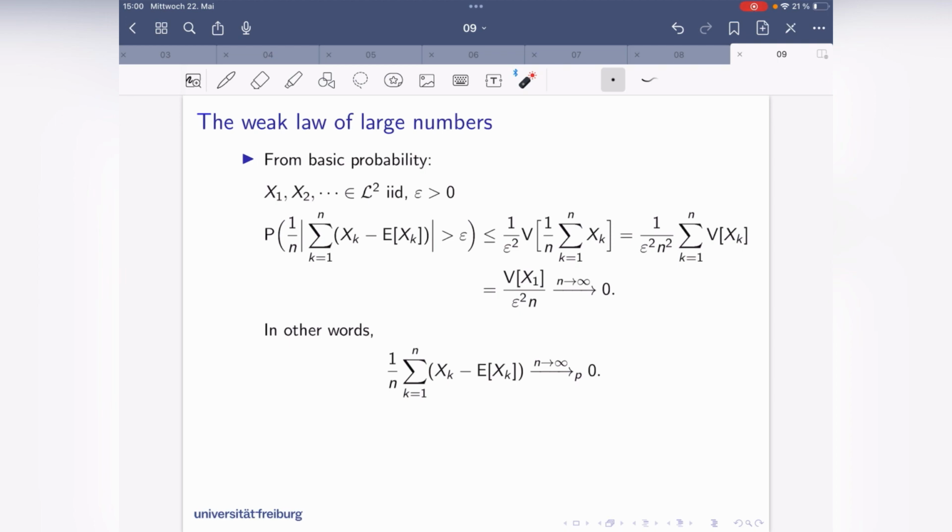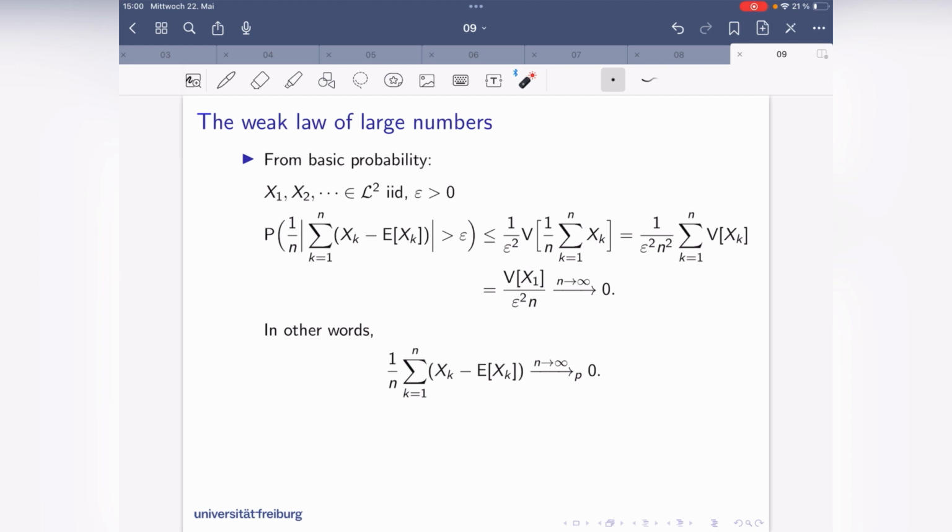Then the average distance to the expectation, so this is exactly this here, the probability that this here is bigger than epsilon goes to 0. And since this holds for every epsilon, you might also say that this here converges to 0 in probability, by definition of convergence in probability.